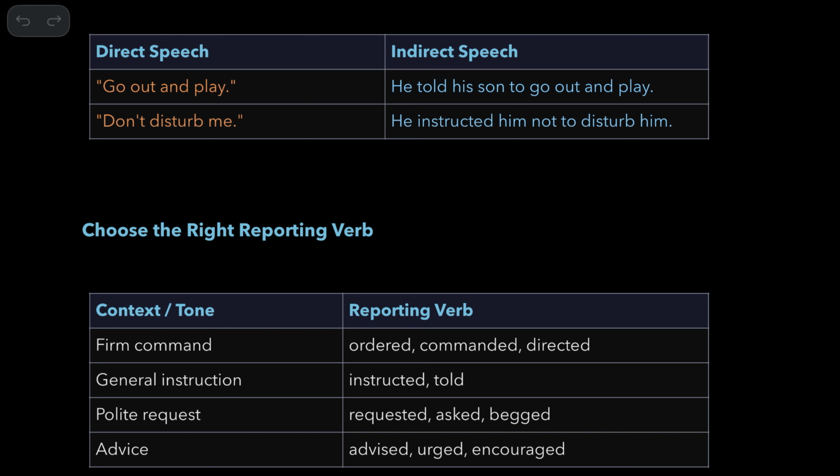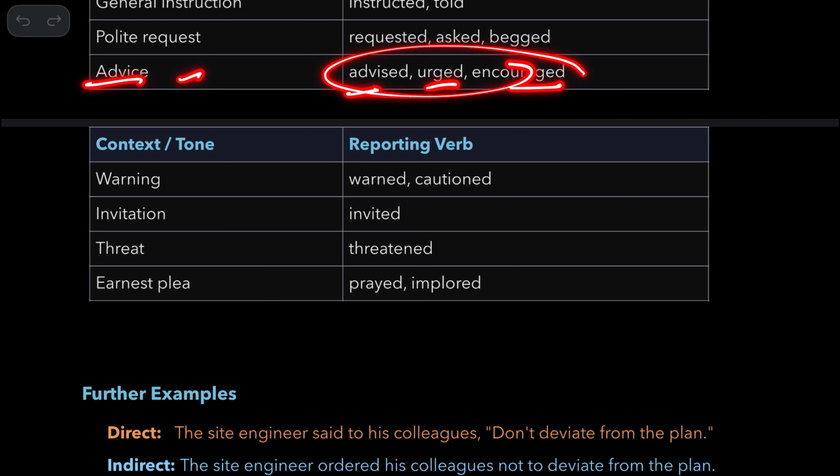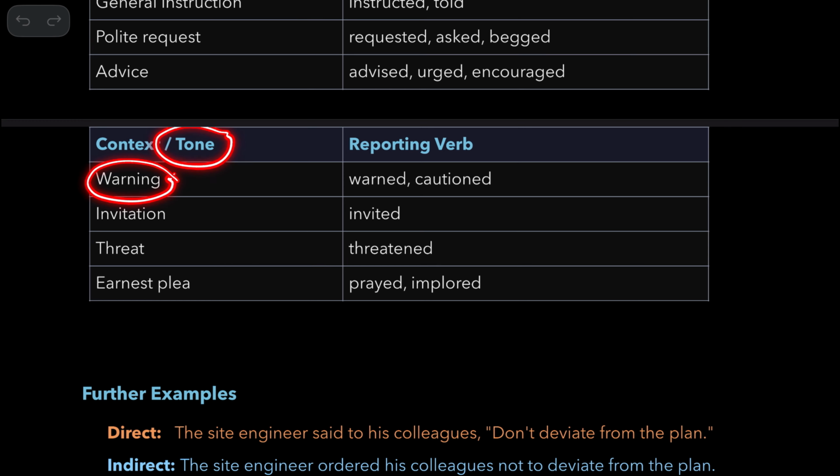So if it is a firm command, you should say ordered, commanded, directed, etc. If it is a general instruction, you need to use instructed, told, etc. If it is a polite request, you should use words conveying that meaning. And if it is a piece of advice, you use words that mean giving advice. And if it is a warning, depending on the tone or the context, you say warned or cautioned.